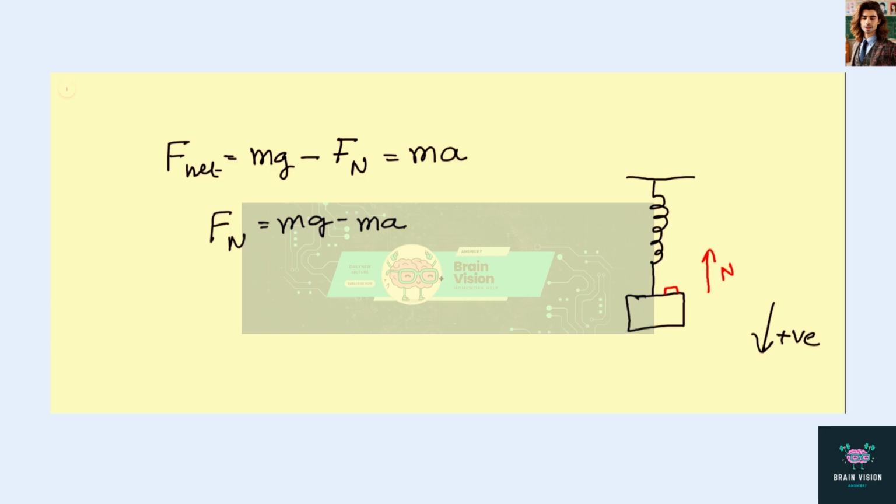If the downward acceleration were larger than g, the normal force would go to 0, which is not possible.